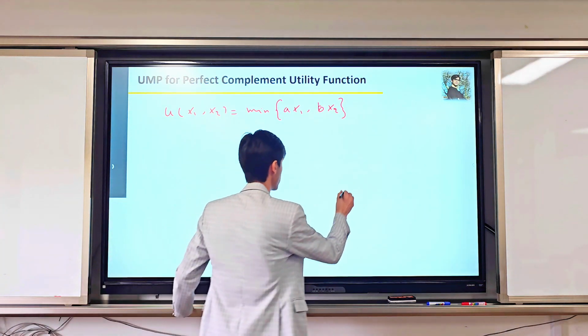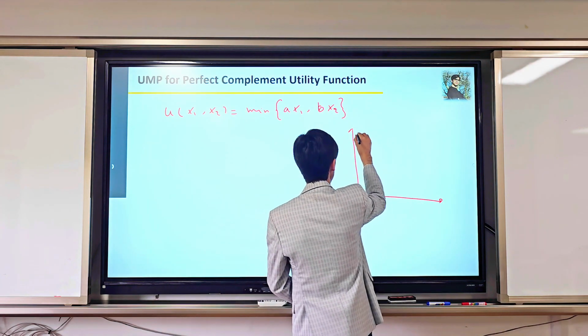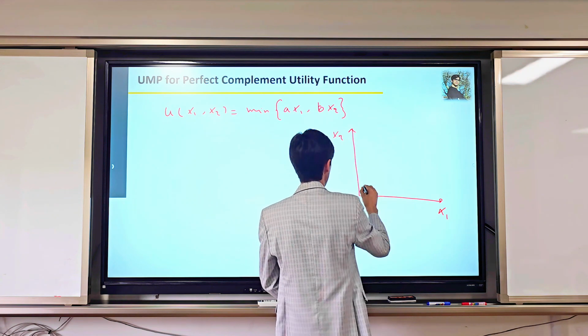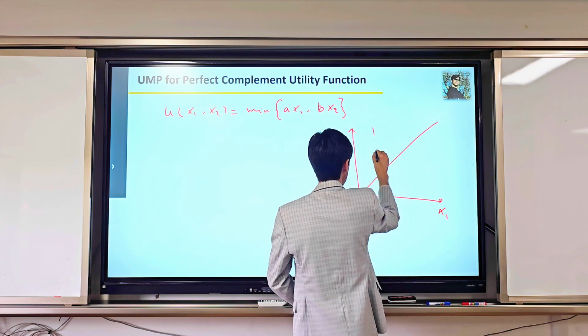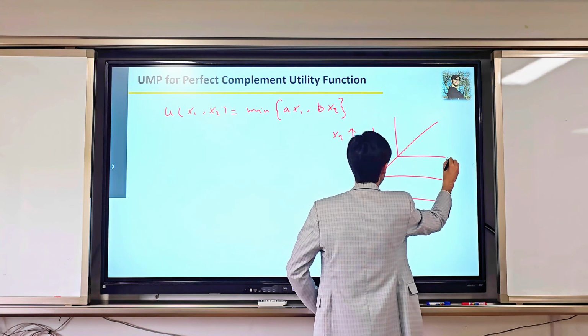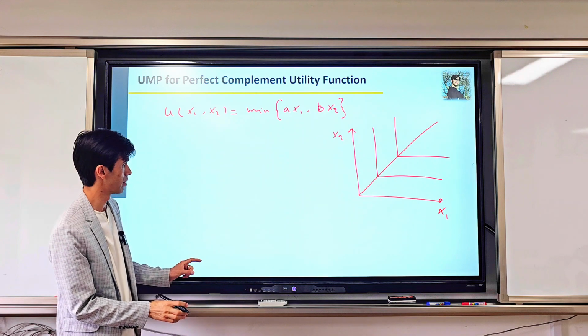Because first of all, if we have this kind of utility function, we have a kinked, or L-shaped, indifference curve.